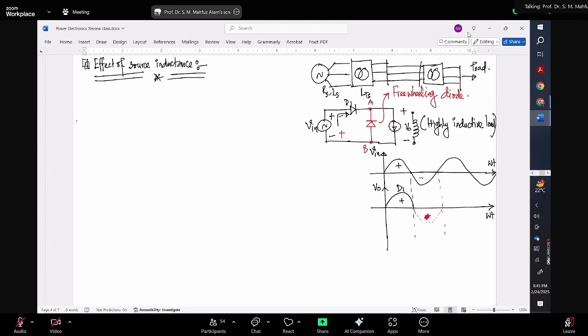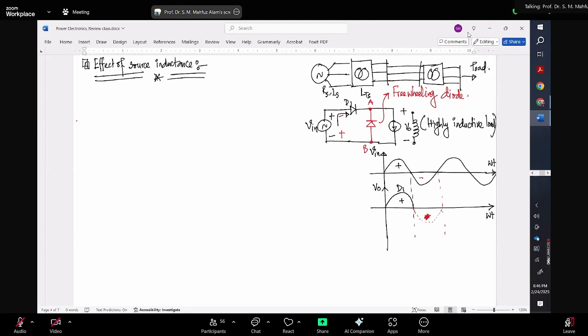Yeah, I am explaining that right now. If you don't have the freewheeling diode, then what will happen? The inductance, being very high in value, will behave like a current source, and this current source will force the diode to remain turned on. And as long as the diode is turned on, your input voltage will appear as the output voltage.